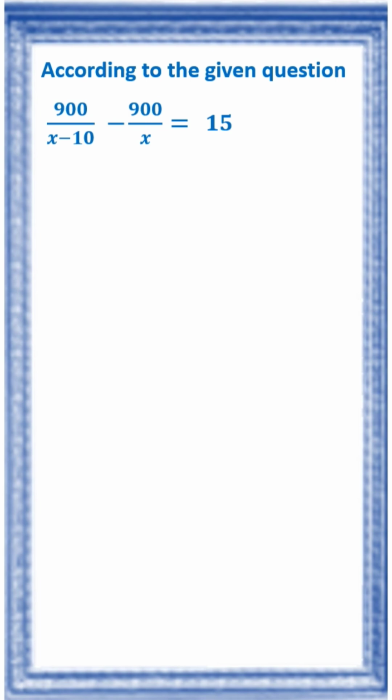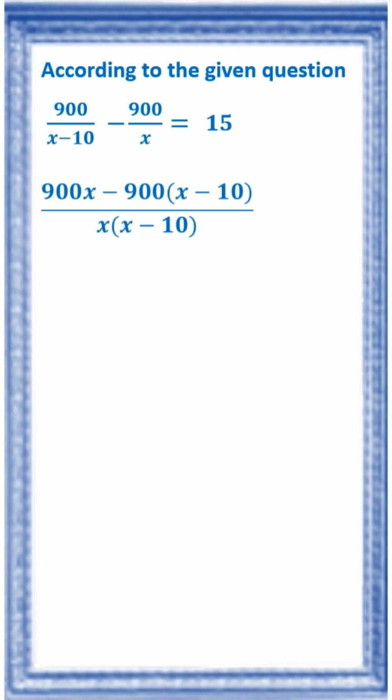Here LCM is x into x minus 10. Here 900 into x, this one, 900 into x minus 10. Here negative sign, observe, that is equal to 15. Here bring 900 common. Only 900, not 900x.